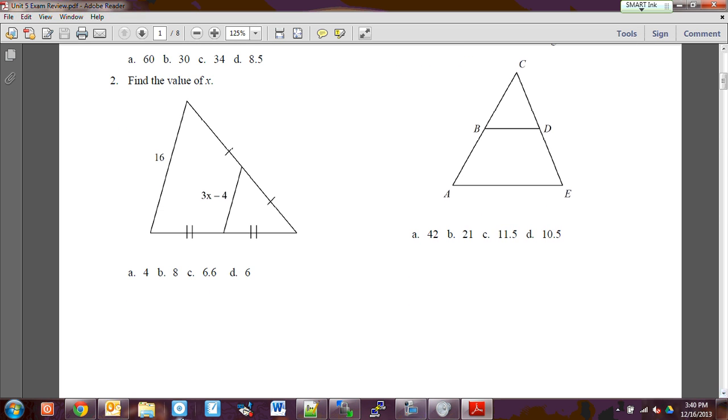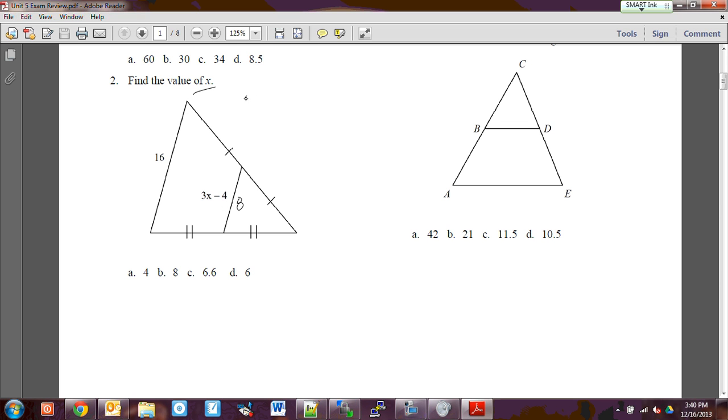So again, first thing we need to do, check, make sure it is a mid-segment, and in fact it is, because these are congruent and those are congruent. So now we know that the mid-segment is half the length of the side it's parallel to, since this is 16. That means this side is 8. And now we need to find the value of x. We didn't just need to find the length of it, we actually need to find x.